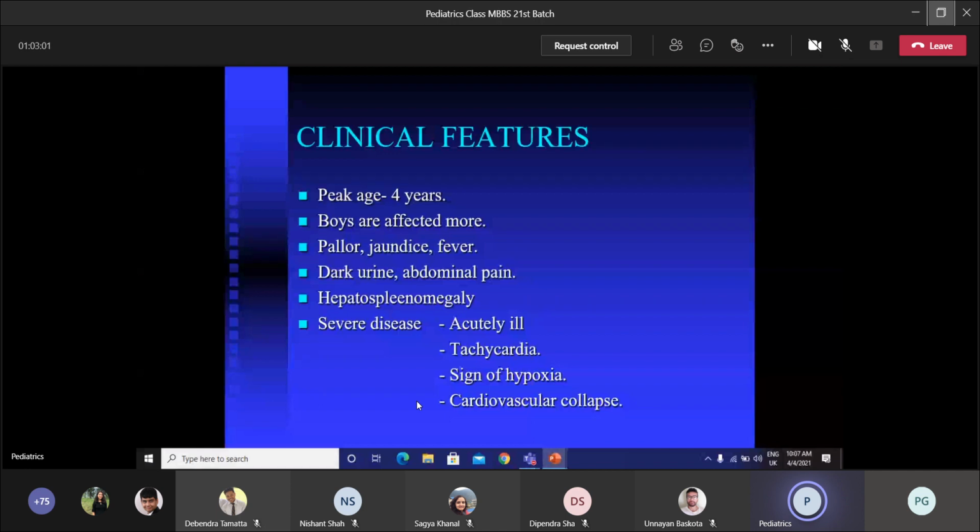The child may have cardiovascular collapse or be in a state of shock, the pulse is rapid and thready, the peripheries are cool, there may be central cyanosis, and blood pressure will be decreased.